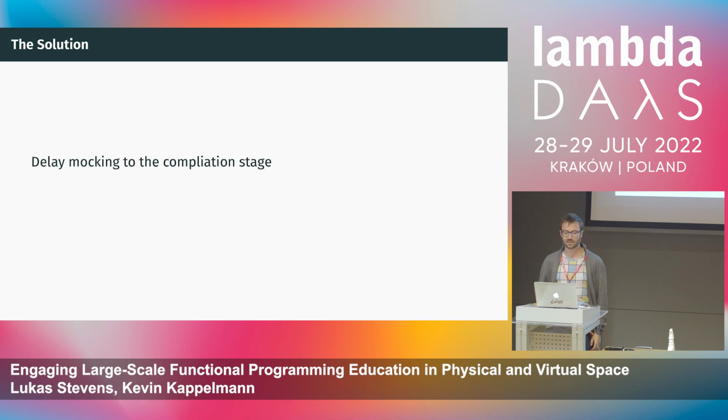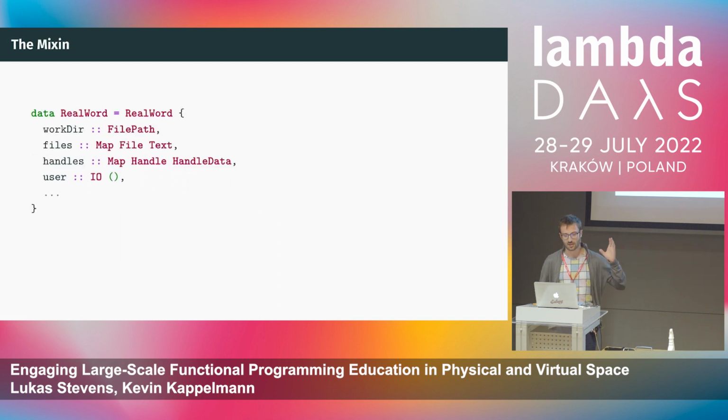So the solution is we delay this mocking to the compilation stage by replacing the I/O module with a mix-in, and fortunately Cabal allows us to do this. So basically what we are doing is, at compilation, we replace the whole I/O module by our own mocked I/O module.